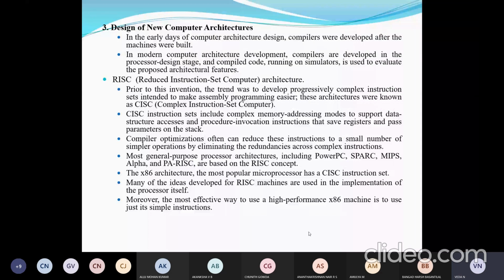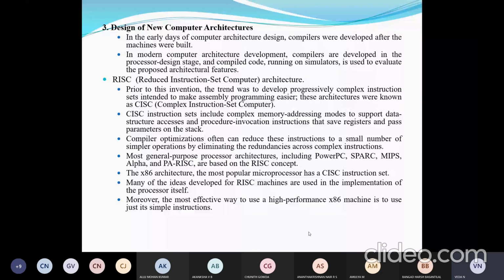There are other general purpose processor architectures like PowerPC, SPARC, MIPS, Alpha, PA-RISC, which are based on the RISC concept. x86 architecture is a microprocessor architecture which has a CISC instruction set.